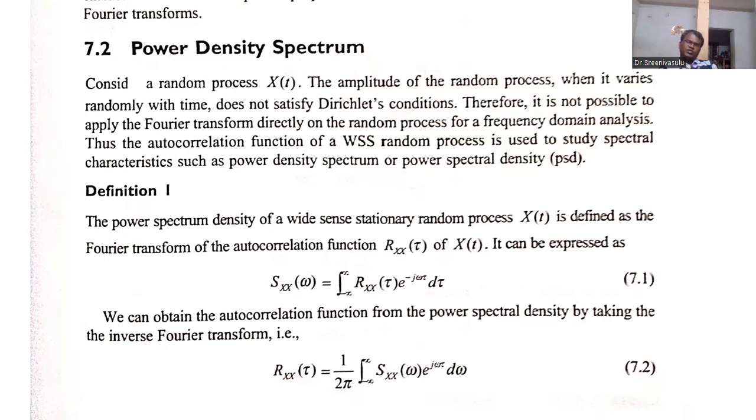If you write just S of omega, it looks like the Fourier transform of s of t. So to show the significance, it is the Fourier transform of the autocorrelation function, and we represent it with the subscript xx. S is used because we are calculating power. So the Fourier transform pair is Rxx of tau and Sxx of omega.